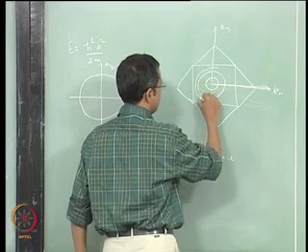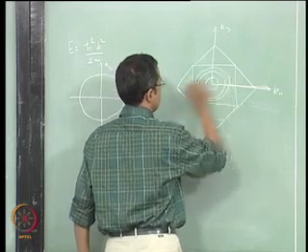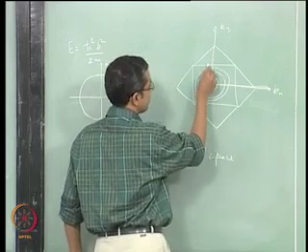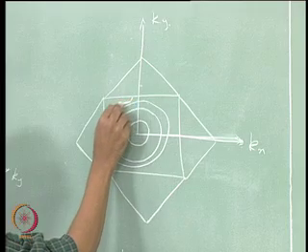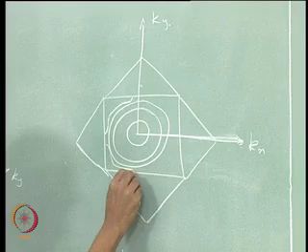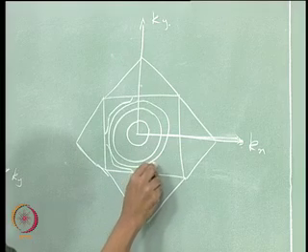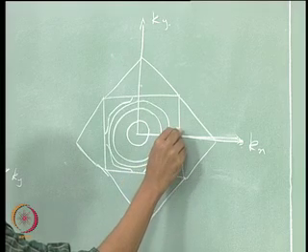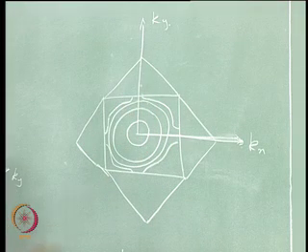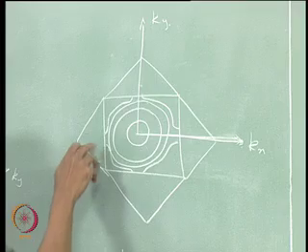You can have one more like this. If it becomes even larger, it will start distorting; it will no longer be a circle, but close to a circle, and it will distort like this. So this is how the Fermi surface interacts with the Brillouin zone and distorts.